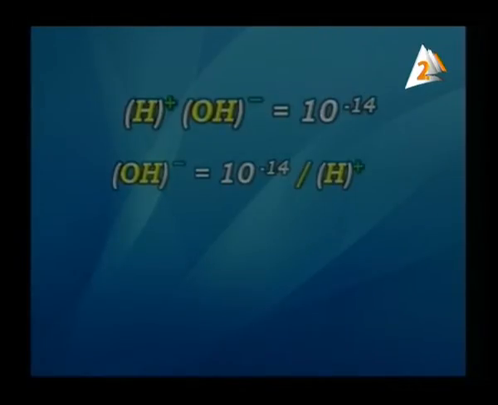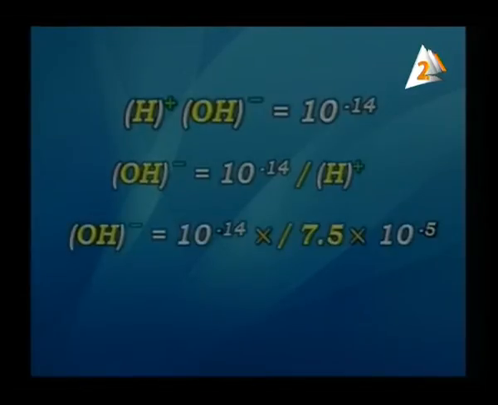After that, you change H from the reactants to the other side, so 10 power negative 14 per H positive. So catch this. OH negative equals 10 power of negative 14 divided by 7.5 times 10 power of negative 5. What is the final result? It will be 1.33 times 10 power of negative 10. So this is the concentration of hydroxide ion in this solution. Good, my dear.